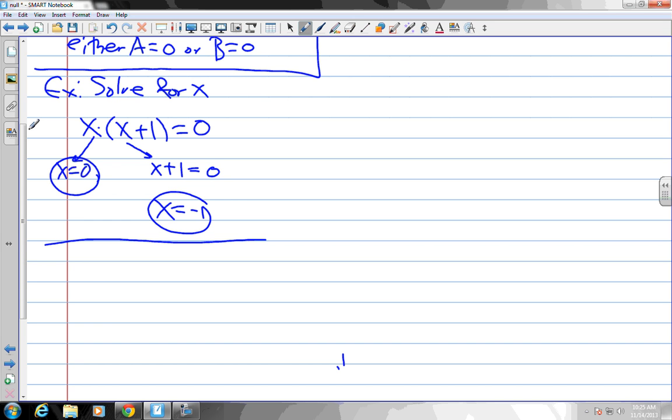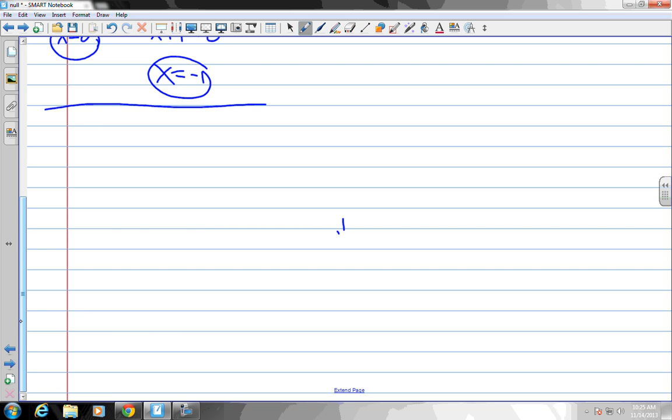I'll give you something that's not factored and does not have 0 on one end, so you have to drag everything to one end to get 0, and then factor. But I'm glad you feel that it's easy so far, and it should feel easy, because if I give you something like that, it should make you happy, because it's factored on one end, and it's 0 on the other end.